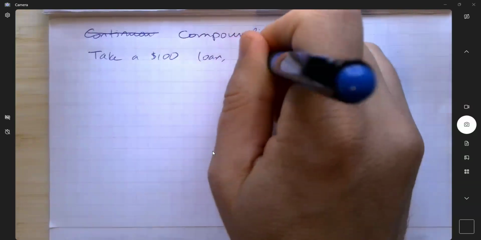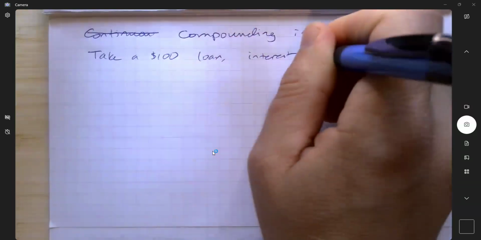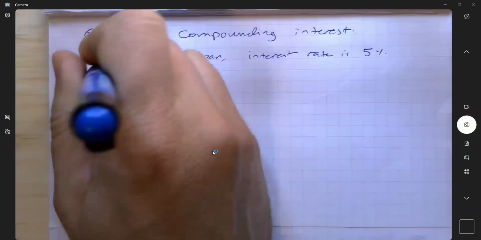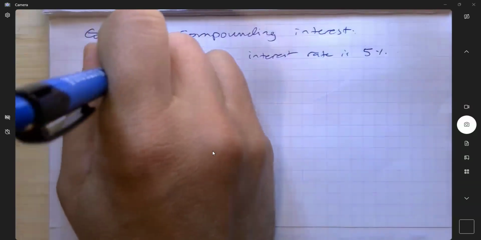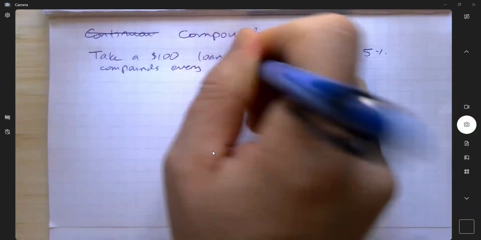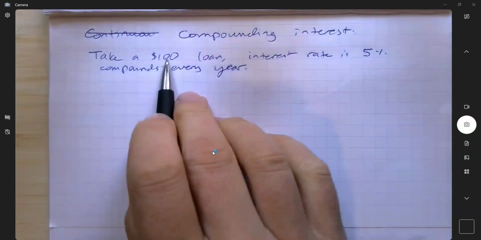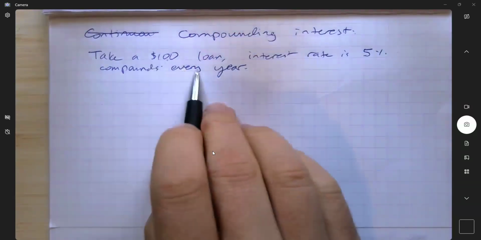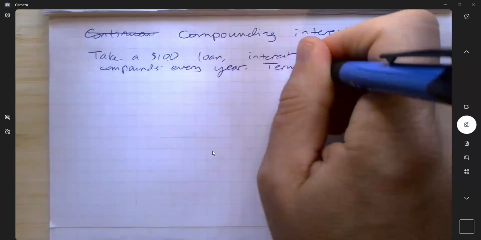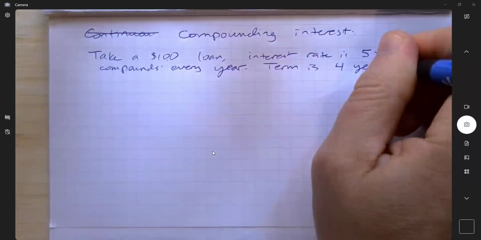The interest rate is 5%, but it compounds every year, which means the interest is calculated on the loan every single year that I hold the loan, and the term is 4 years.